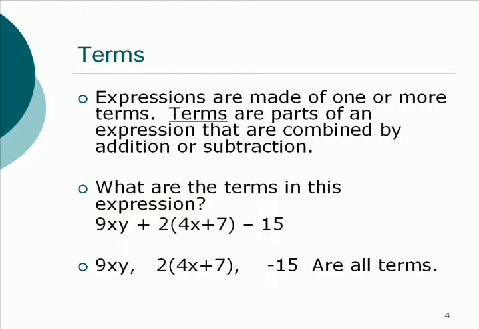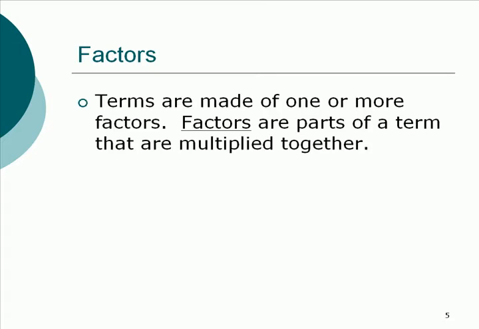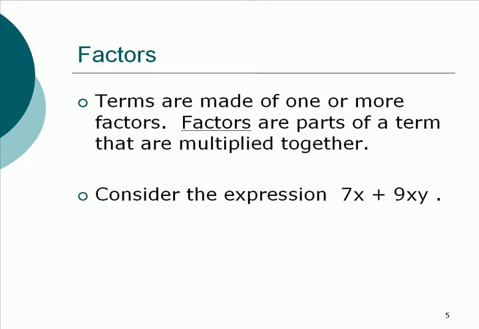Okay, so what makes up a term? Factors. Terms can get broken up into factors. And factors are the parts of a term that get multiplied together. So, there you've got an expression, 7x plus 9xy.